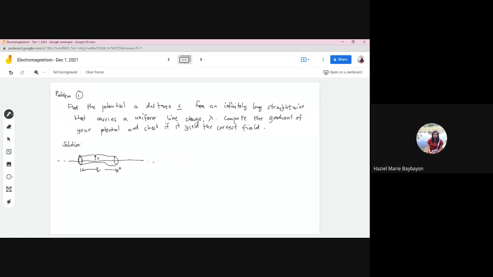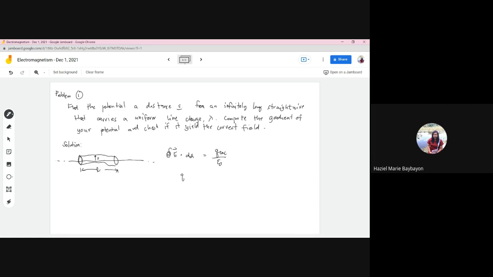Okay, so first we have to get the electric field using Gauss law. So we have the electric field dot with the infinitesimal area. So the closed integral of E dot dA is equal to Q enclosed over epsilon naught.